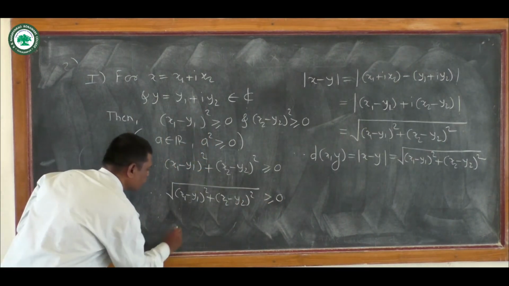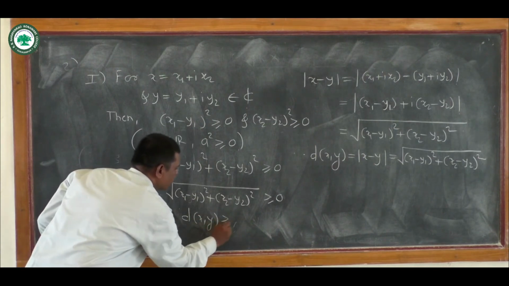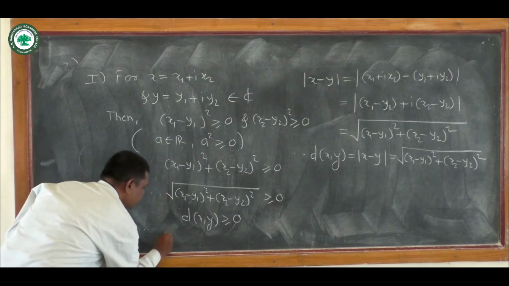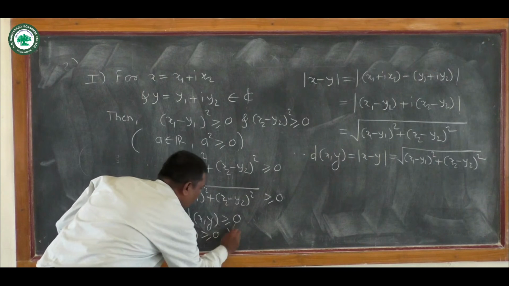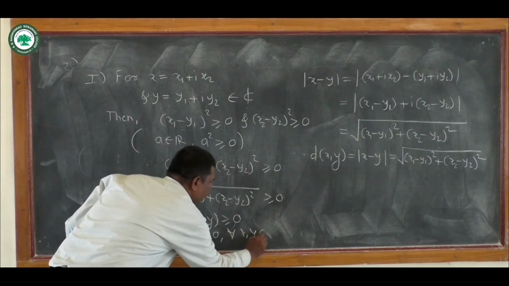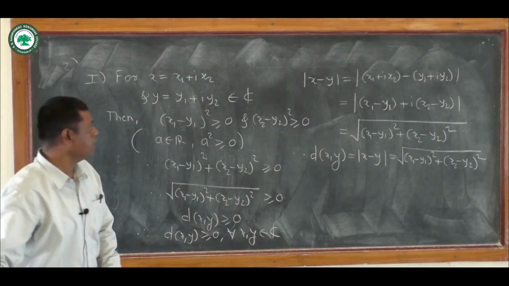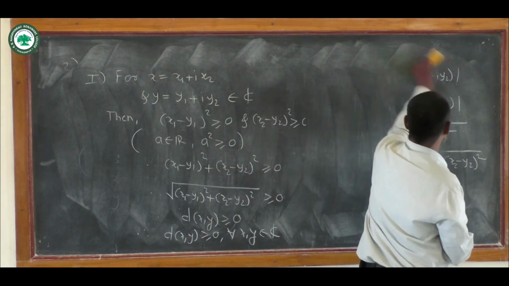So therefore, yes, the distance between x and y is greater than or equal to 0. So d of x y is greater than or equal to 0 for all x and y belonging to C. Now the second property is that the distance between x and y is equal to 0 if and only if x is equal to y.